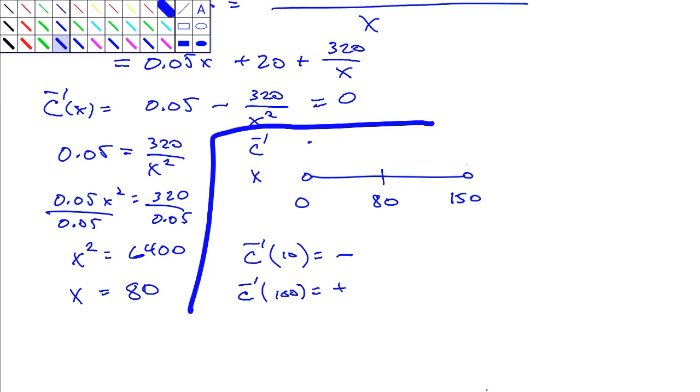So it's negative, 0, positive. That tells me that the average cost is decreasing because the marginal average cost is negative, on the interval from 0 to 80. It tells me that the average cost is increasing from 80 to 150 because the marginal average cost is positive.